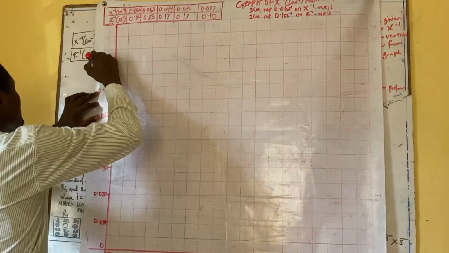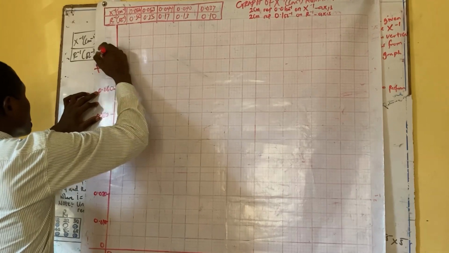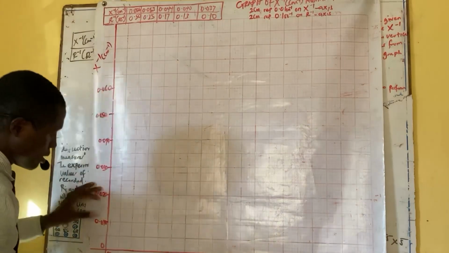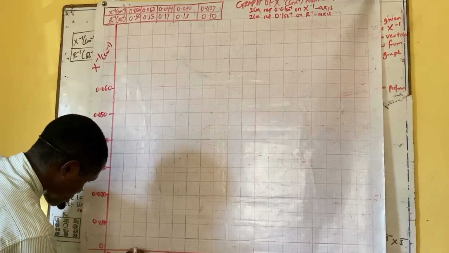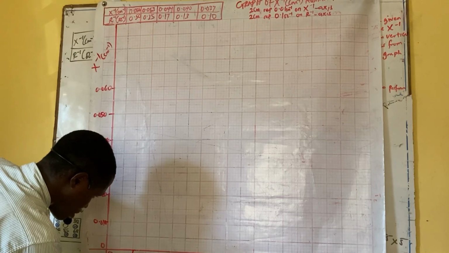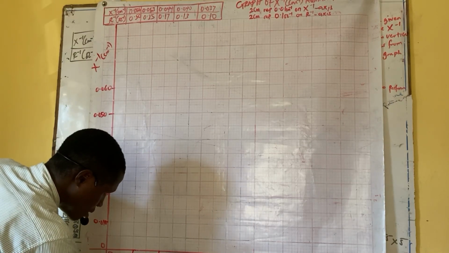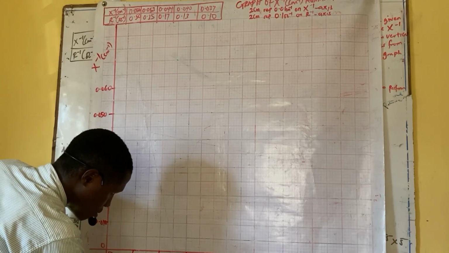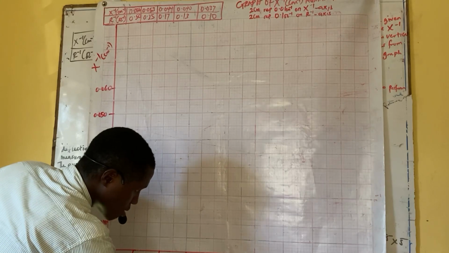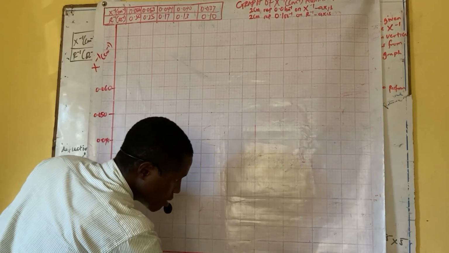So this is S inverse per centimeter. On the R inverse axis we have 0.10, 0.20, 0.30, 0.40, 0.50, 0.60, and so on.